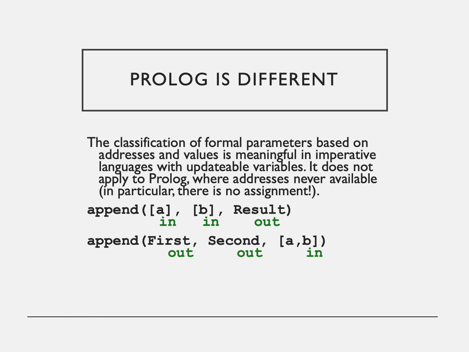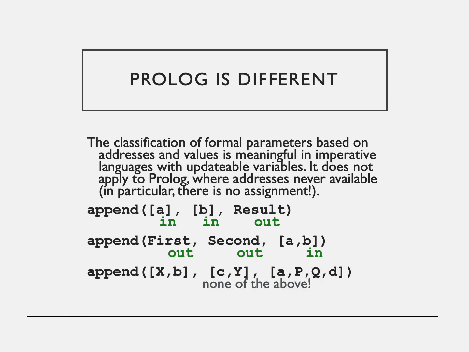So here is an example. Let's consider the append predicate in Prolog, which is used to concatenate two lists. Now, the parameters in append are typically classified not by in, out, or in out modes, but by how they are used in specific calls.